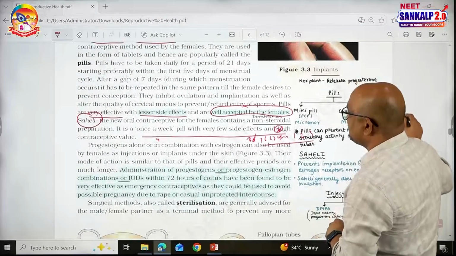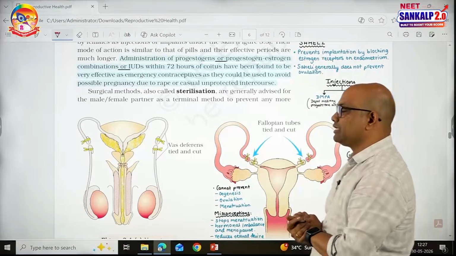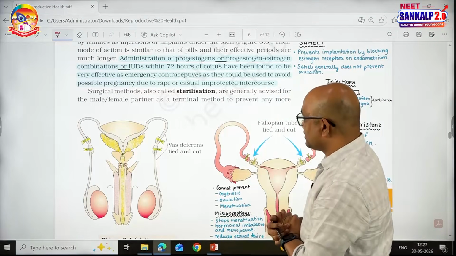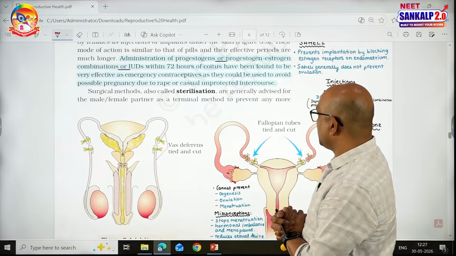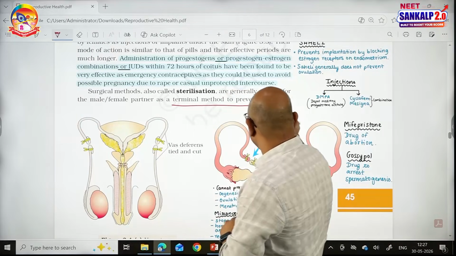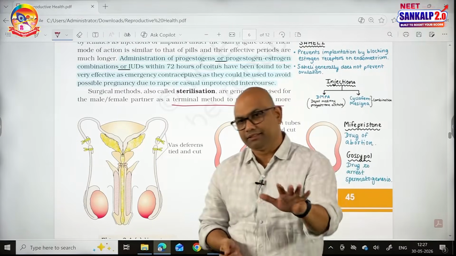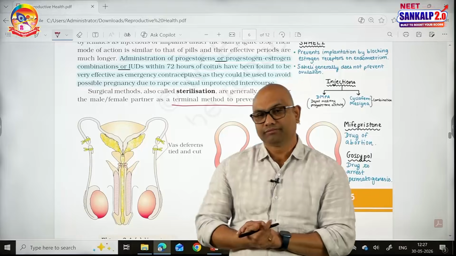The next contraceptive method I am going to discuss is sterilization methods, which are also called surgical methods. Regarding the sterilization methods, remember the important point: it is the terminal method to prevent any more pregnancies, because it is a surgical method.